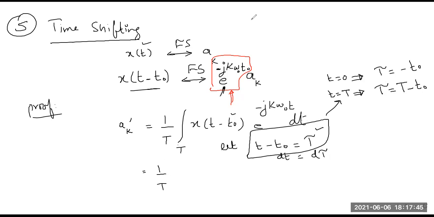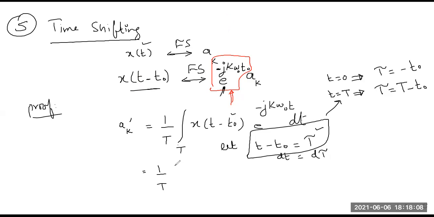you should remember this: even though this is a new signal, the time shifted version, when I'm finding the Fourier coefficient, I'm using the same period. This capital T is the period of this signal as well as the original, because when you perform a time shifting operation on any signal, its period remains unchanged.